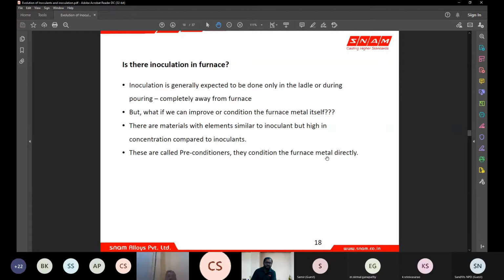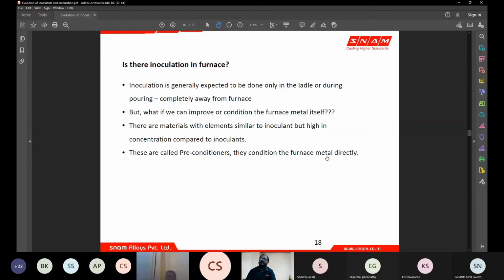Even though there are potent inoculants whose fade is low, it is not zero. So inoculants do fade in their performance, in their ability to give enough nuclei. So it is suggested to add inoculant as late as possible. It is generally done in the ladle addition, or when you pour into the mold.